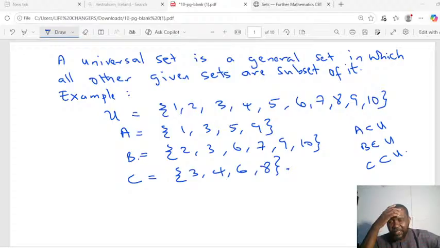Ami, do you understand? I'm trying to explain what universal set is. My screen is not blurry, it's from you. Increase your resolution. It's not from me.